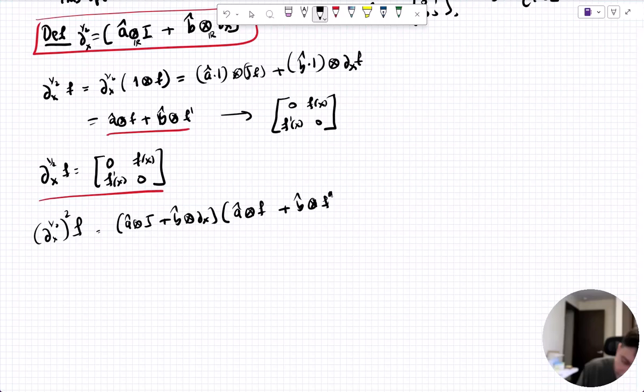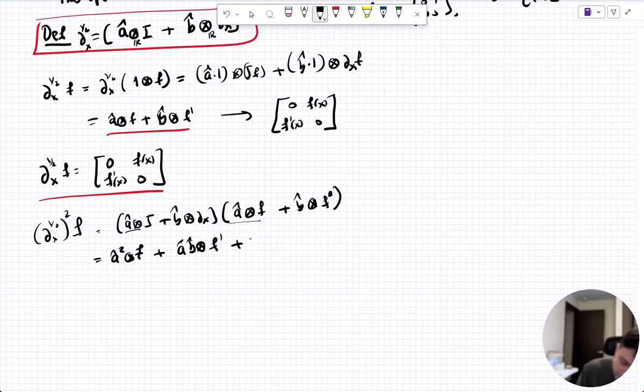Let's do this one times this one, right? Then you get an A squared tensor I acting on f is f, plus AB tensor I acting on f prime is f prime.